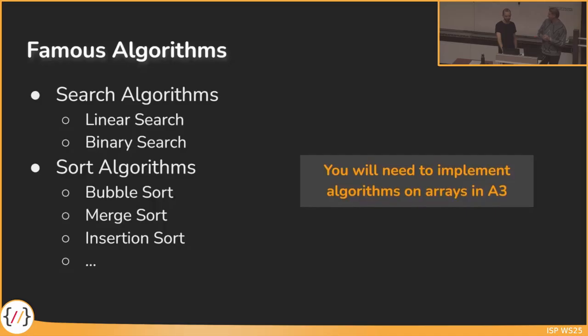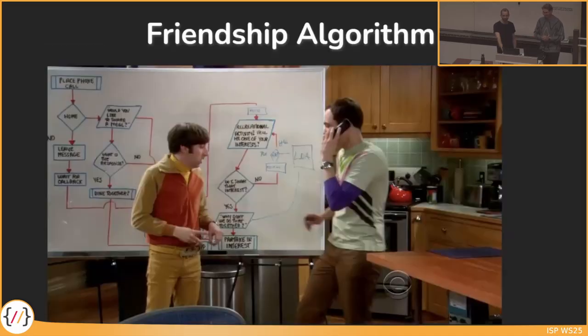And you also might have seen algorithms in series. I love Big Bang Theory because they teach you science in a very, very interesting and funny way. And Sheldon had this friendship algorithm where he created an algorithm to befriend somebody, and he created a flowchart on it.